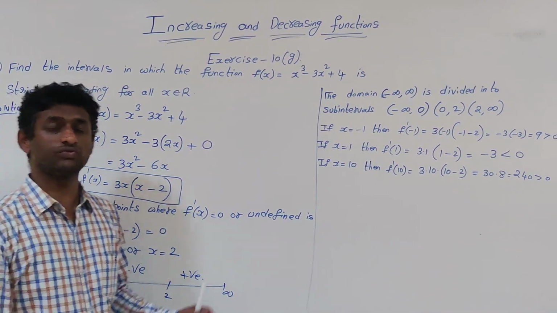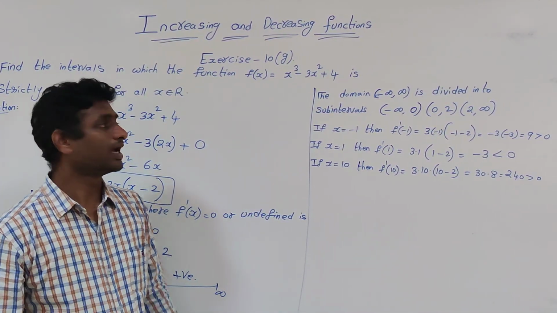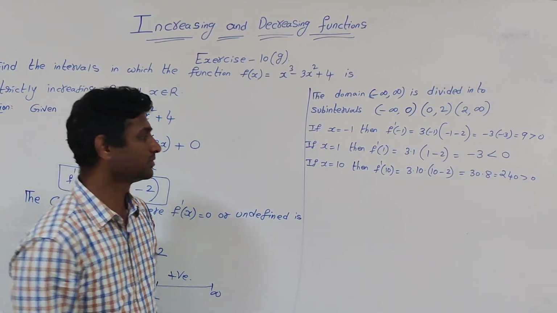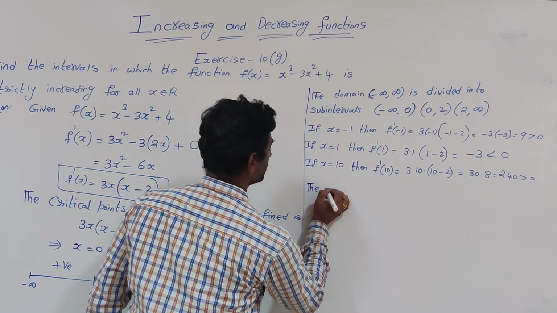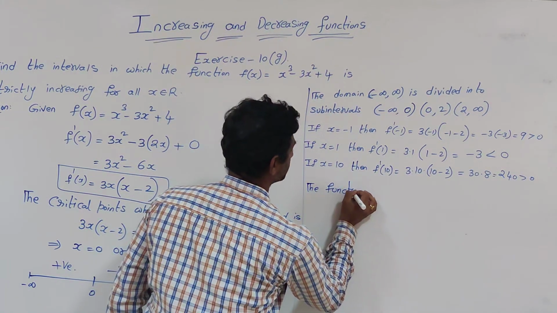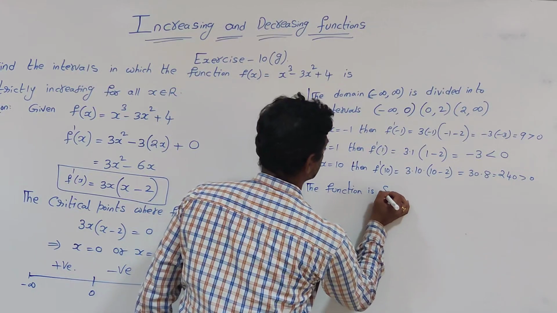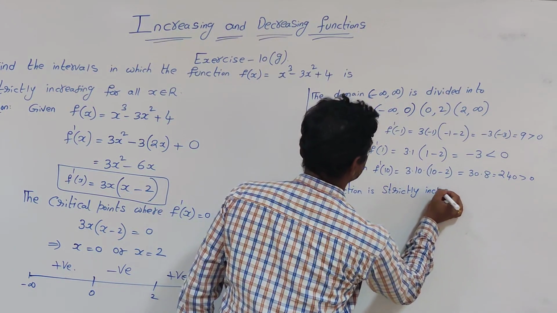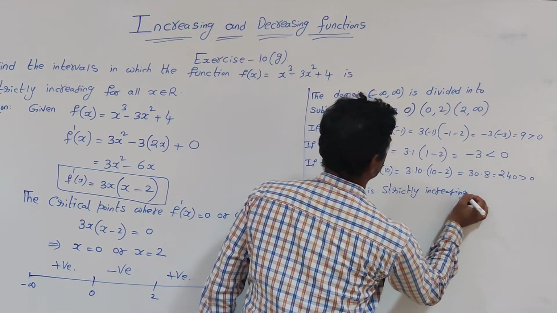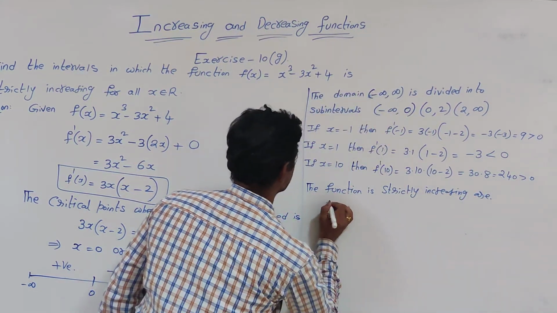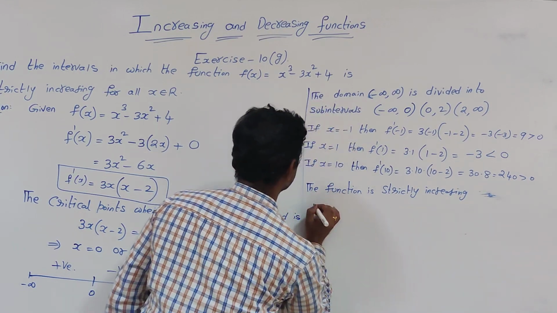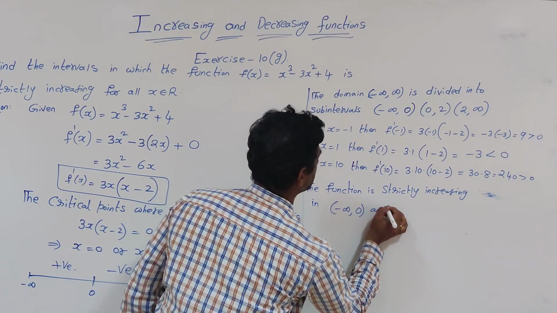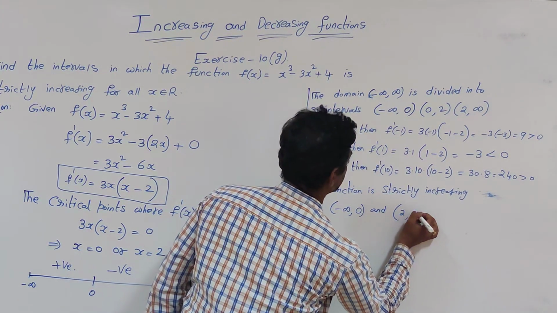So what can we conclude from this? The question is only asking to find out which intervals are increasing. So the function is strictly increasing in minus infinity comma 0 and 2 comma infinity.